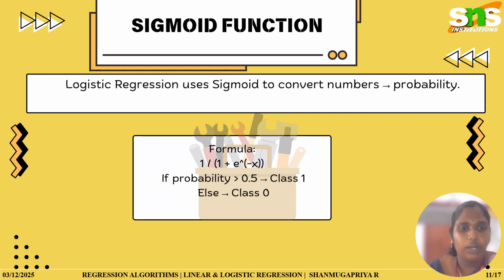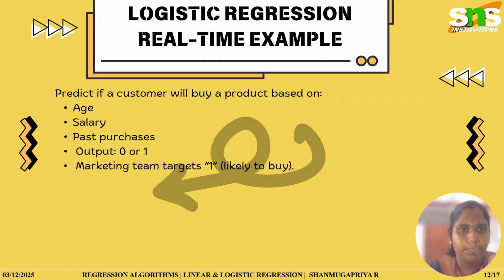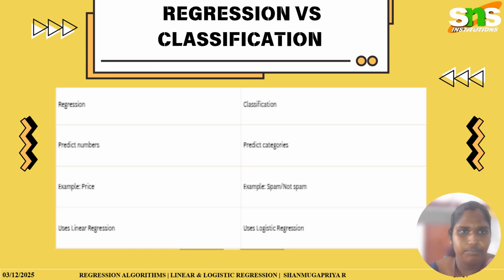For example, the formula is 1 / (1 + e^(-x)). That is how we use logistic regression with a sigmoid function. A real-time example is whether a customer will buy a product or not, using values like age, salary, and past purchases. It gives only the values 0 and 1, whether they will or not. That is a simple logistic regression example.